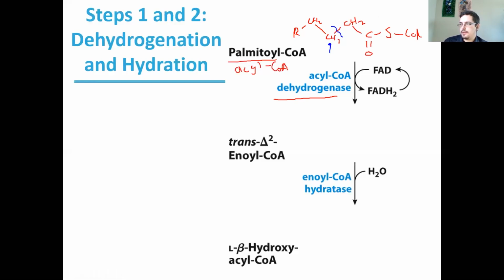So our first step is that dehydrogenase. We're going to form an alkene from our alkane. So our alkane is getting oxidized to the alkene.